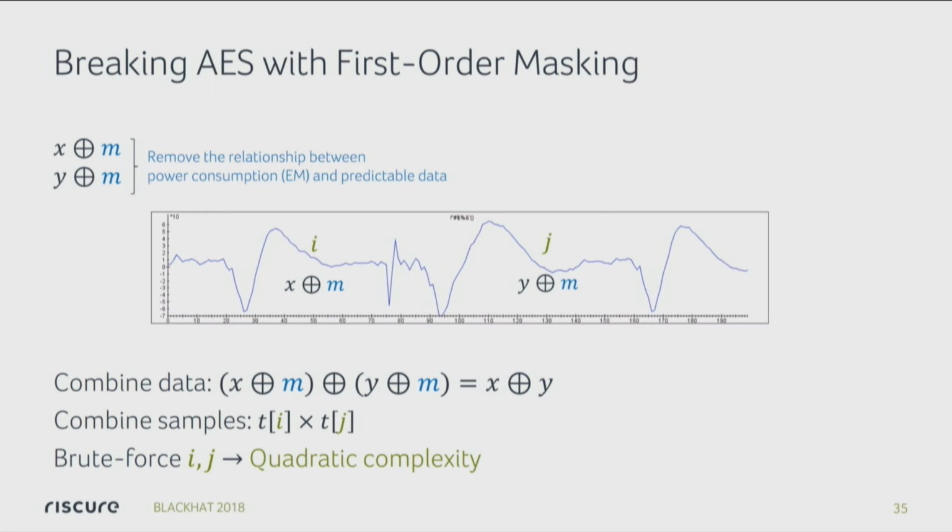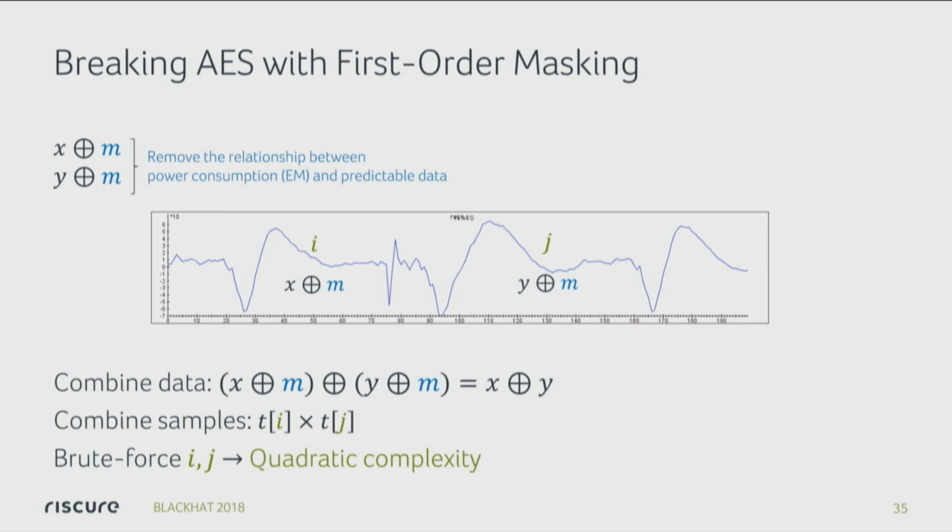So this is a value that you can calculate without knowing the mask, and you can combine the two power measurements at which this masked value is present by multiplying. And that actually will give you a correlation between X XOR Y and these samples.